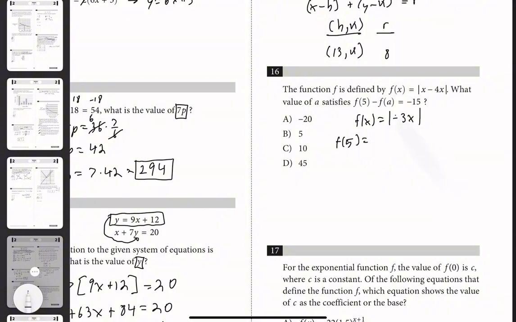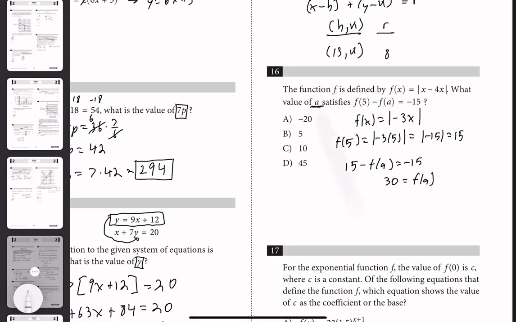It's going to be negative 3 times 5. And this is going to be the absolute value of negative 15, which is equal to 15. So we know that 15 minus f of a is equal to negative 15. So that gives us, if we move f of a to this side, and 15 to that side, f of a is equal to 30.